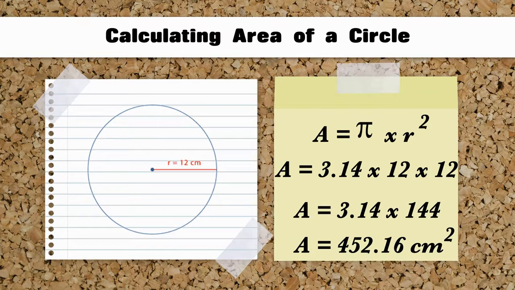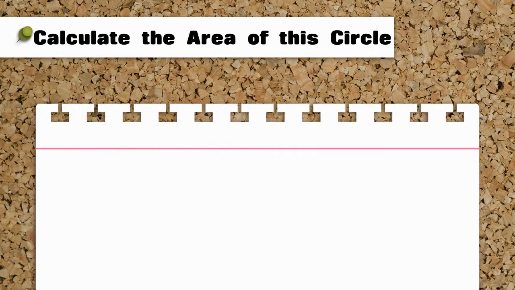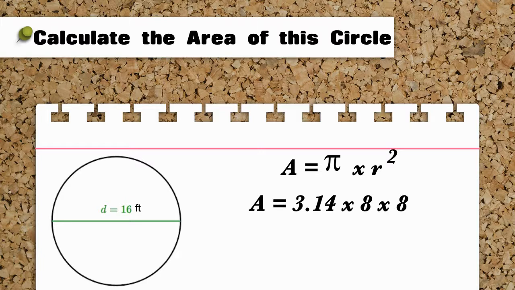Let's try another one. Let's calculate the area of this circle. Remember our formula, pi r squared. Now that we know that, let's fill in our missing numbers. Pi is represented by 3.14, and our radius in this case is the number 8.